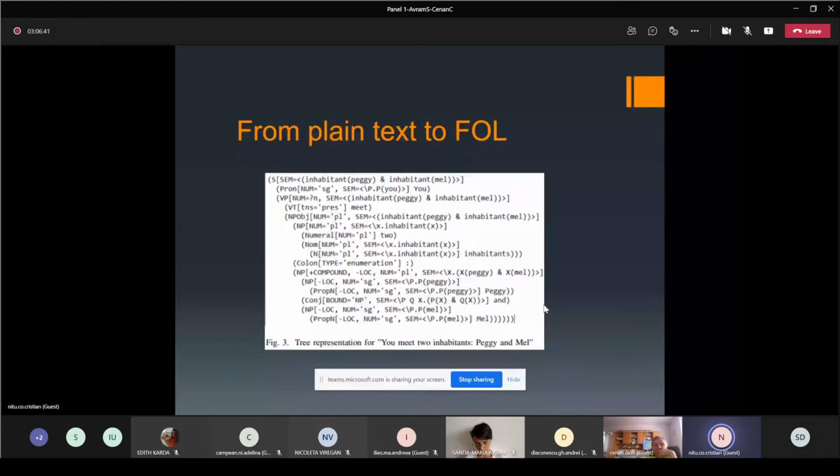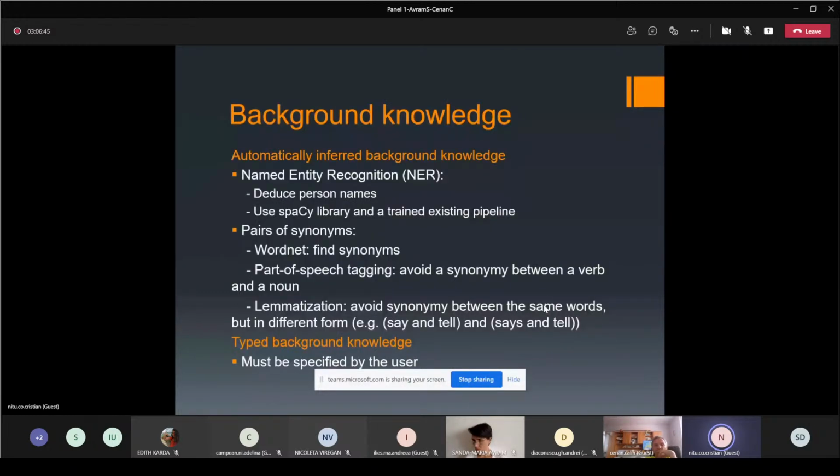The next step is represented by the background knowledge. We have a type of background knowledge which can be deduced automatically. Named entity recognition is used to deduce the person names. If we don't use named entity recognition, the different person names would be instantiated with the same variable when trying to find a solution, which is not correct.